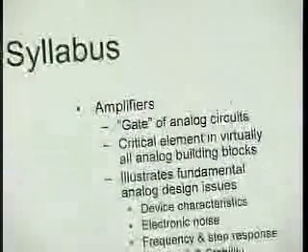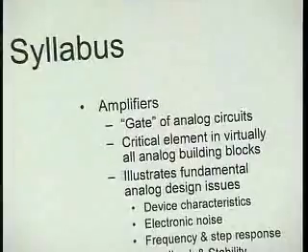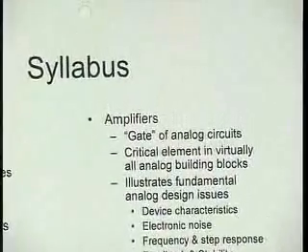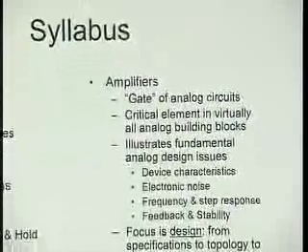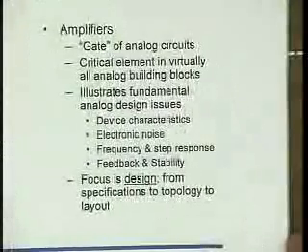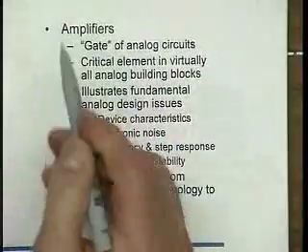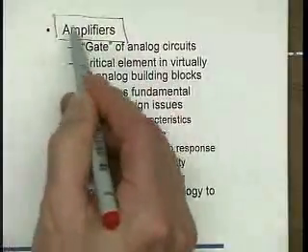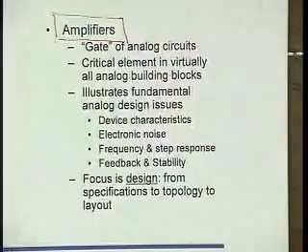So, if that's the kind of application we want to sharpen our analog circuit design skills with, what kind of skills do we have to tackle? Well, the key number one and central topic of this course is amplifiers. It turns out that they're really kind of the gates of analog circuits.